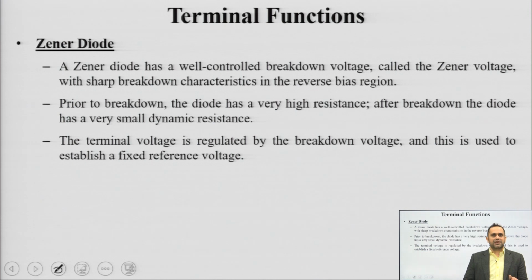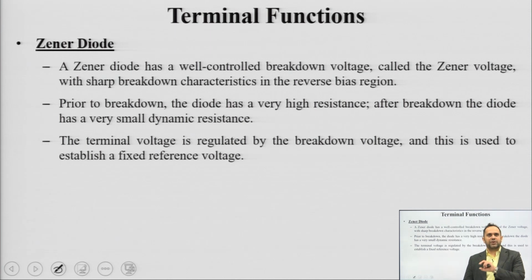When you apply reverse bias to a Zener diode, the minority electrons in the P side and the minority holes in the N side find support from this electric field at the junction, because the direction of this depletion region electric field is from N side to the P side. Holes are minority in the N side, electrons are minority in the P side.